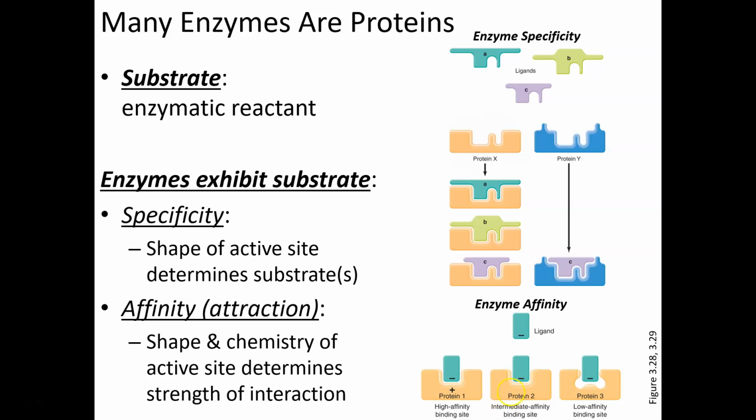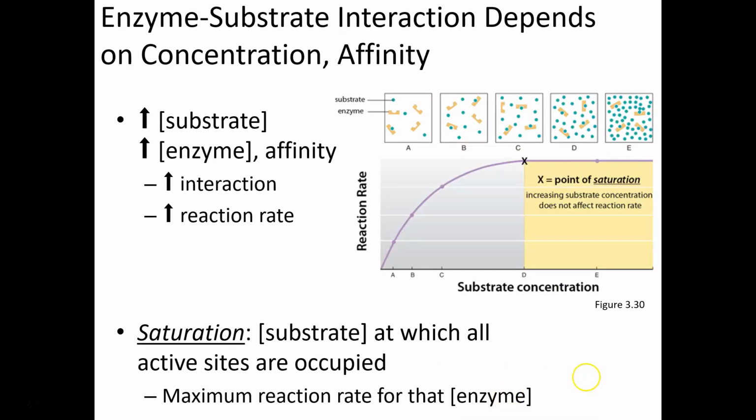Okay. The other thing that matters is concentration. So if we increase the concentration, we're going to increase the activity, again, up to saturation. So if you look here, as we increase the substrate concentration, higher, higher, higher, when we reach a saturation point, notice it goes straight across.